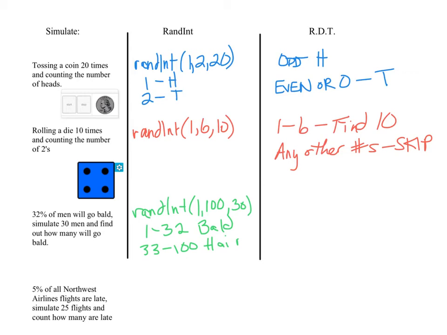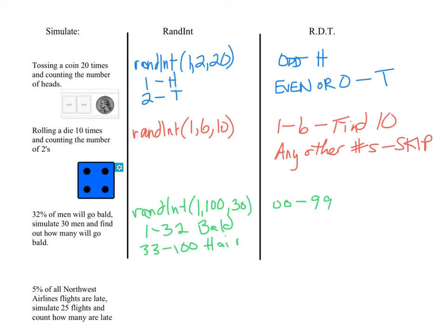Now, on the random digit table, I would do this just a little bit differently, because if you start saying, well, I'm going to do 001 to 100, and I'm going to look at those numbers, you're now doing 3-digit numbers, and a lot of those 3-digit numbers you're not going to use. You're not going to use 900 of them. If you get 200, you're going to skip it. So instead, I would look at 2-digit numbers, 00 to 99.